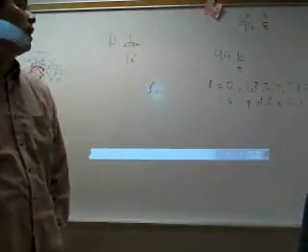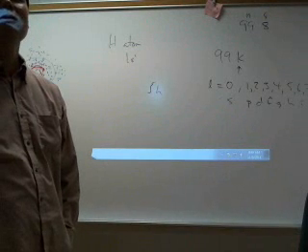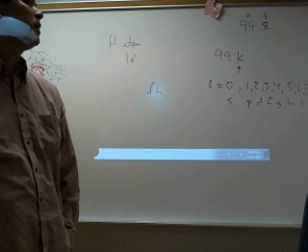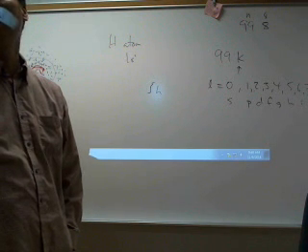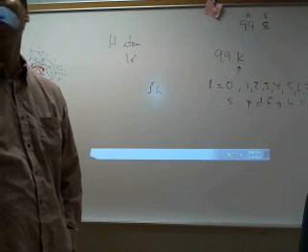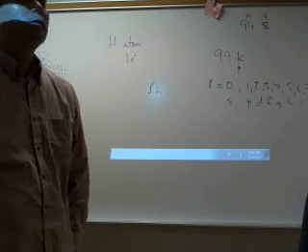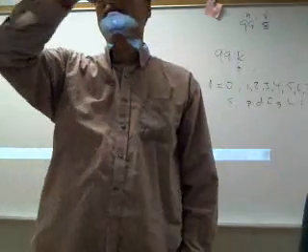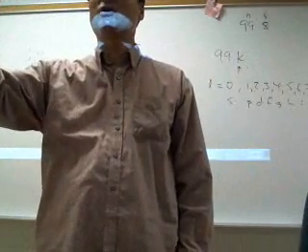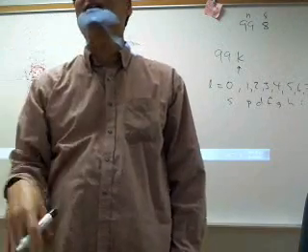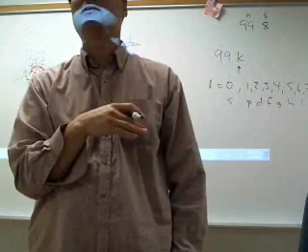And so, how many orbitals are there in the 99K? We would call this the 99K sublevel. How many orbitals are in that sublevel? 99 squared. That would be the level. There would be 99 squared orbitals in that level. How many are in this sublevel?